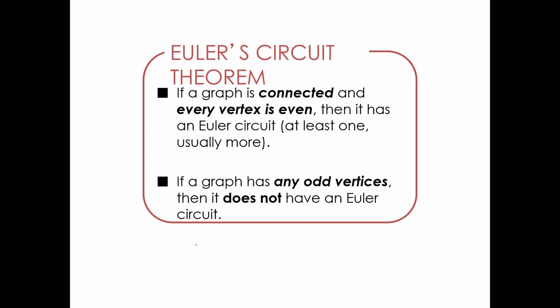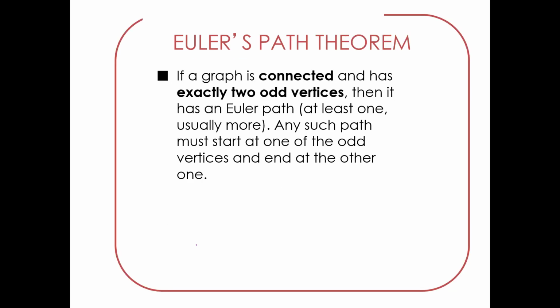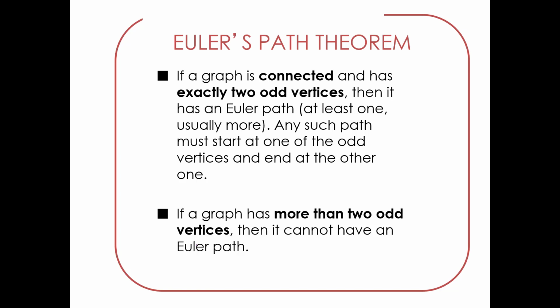If a graph has any odd vertices, then it does not have an Euler circuit. And if a graph is connected and has exactly 2 odd vertices, then it has an Euler path, at least one, usually more. Any such path must start at one of the odd vertices and end at the other one. If a graph has more than 2 odd vertices, then it cannot have an Euler path.